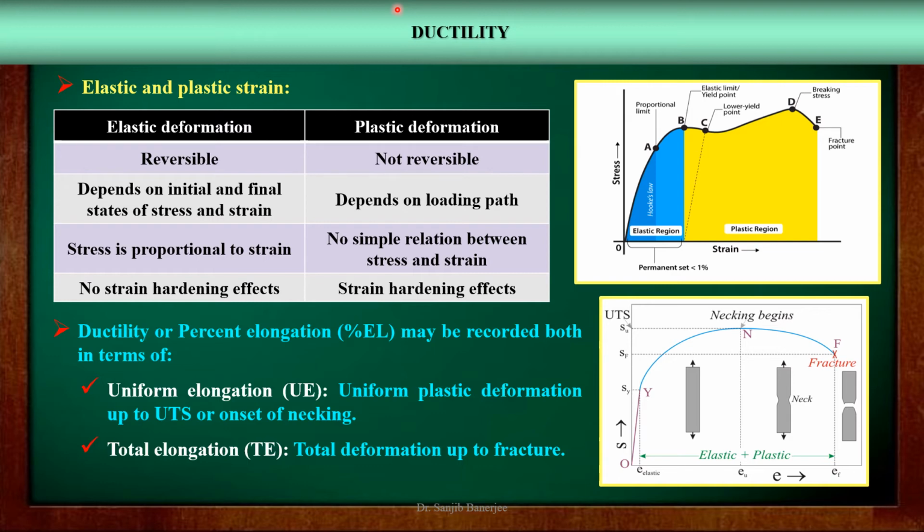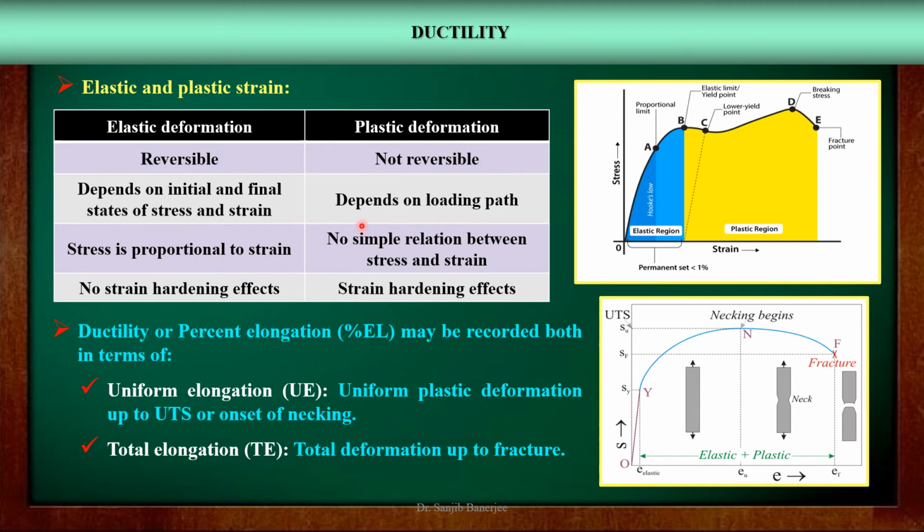Firstly, the elastic deformation is reversible or recoverable on the release of load, while the plastic deformation is not recoverable on the release of load, and hence it is permanent. Secondly, elastic deformation depends on initial and final states of stress and strain, while the plastic deformation depends on the loading path.